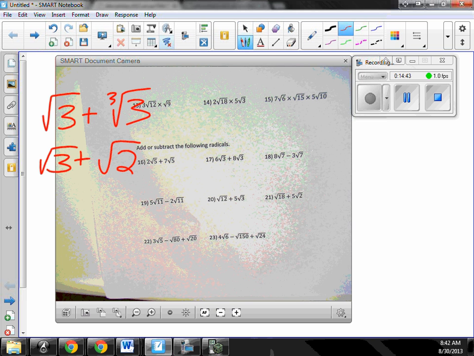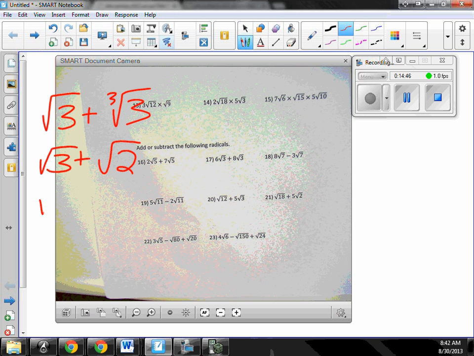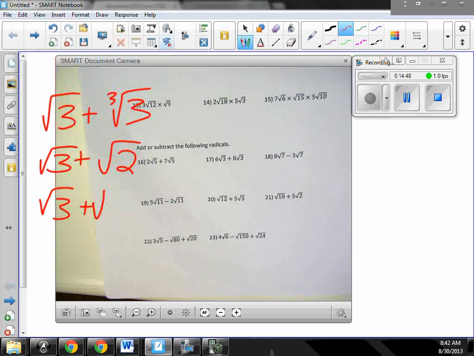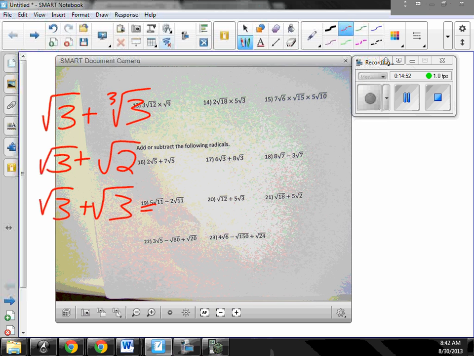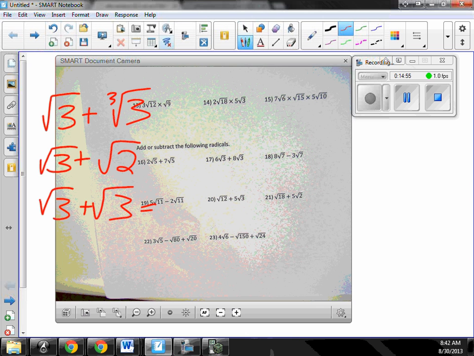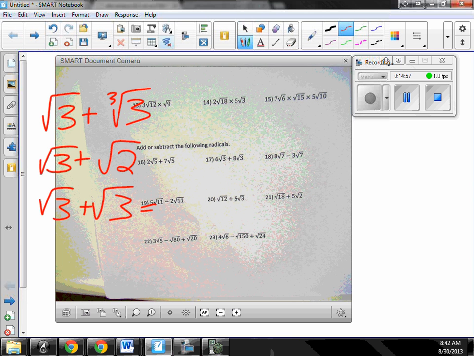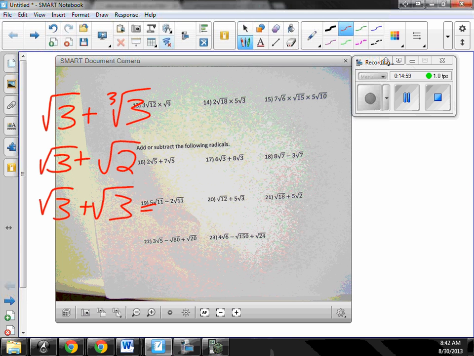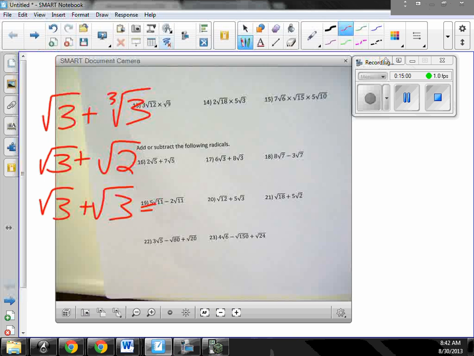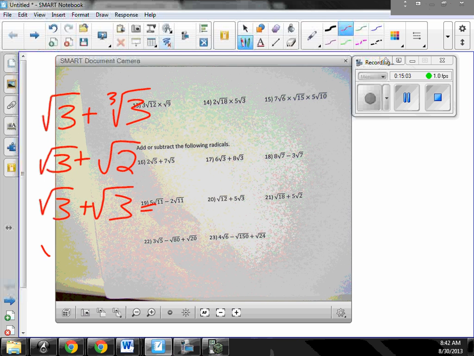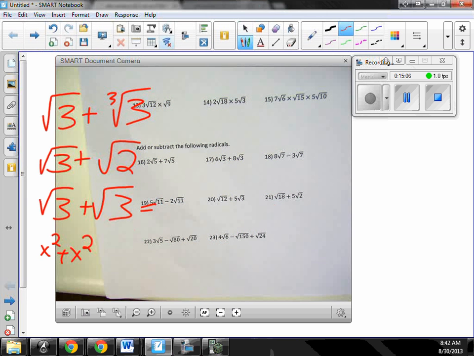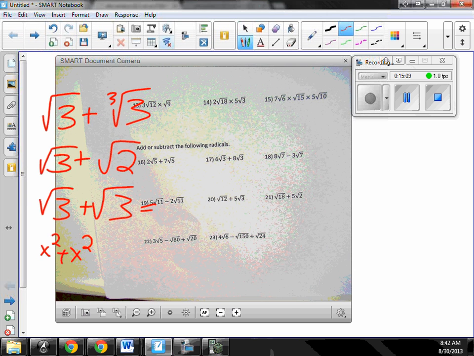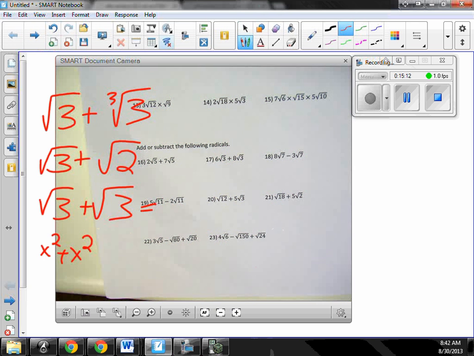So in order to add radicals, you'd have to have root 3 plus root 3, which would give me root 6, root 9. What would that be? What is x squared plus x squared? 2x squared. If we're adding them, we just count how many there are.